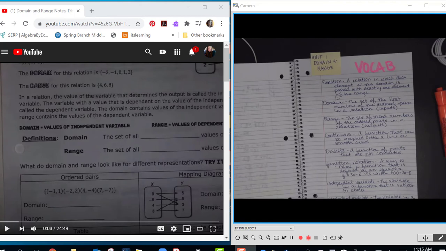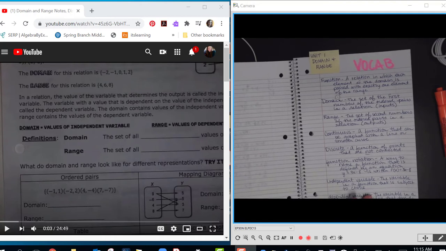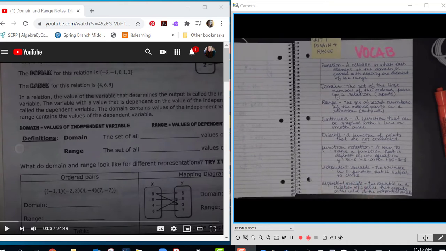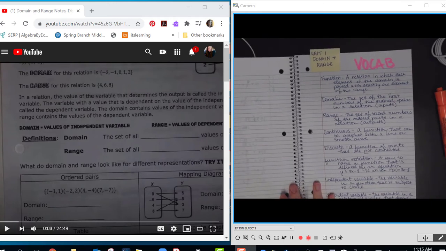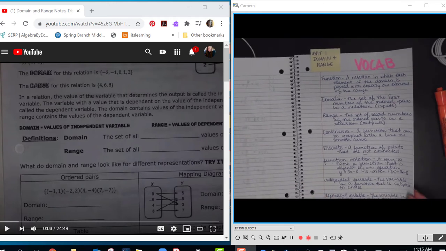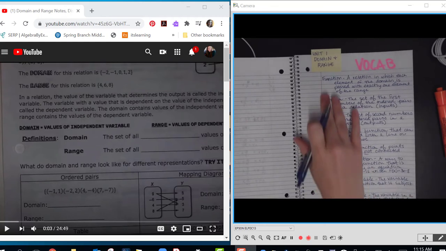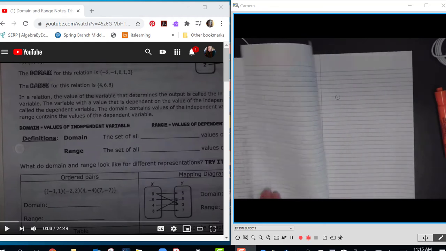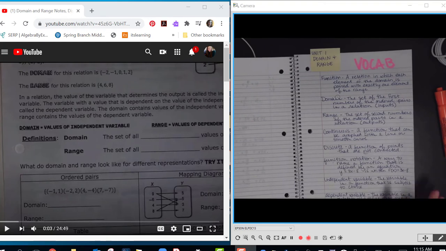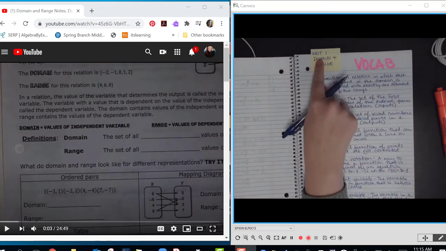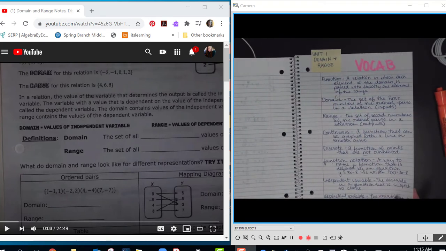Sometimes the supporting vocabulary might be something that we'd already expect you to know, like independent and dependent variables from 6th grade math. So if you remember what those are, maybe you don't have to write the definition, but for anything that is guaranteed, as in it is new and we want to make sure that you have it by the end of the unit, you would include in your vocabulary. Okay, so make sure you have your vocab for Unit 1 before you start taking notes in Unit 1.